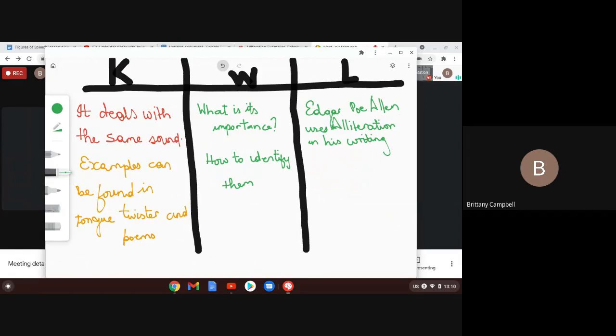So alliteration is repetitive letter sound when writing.